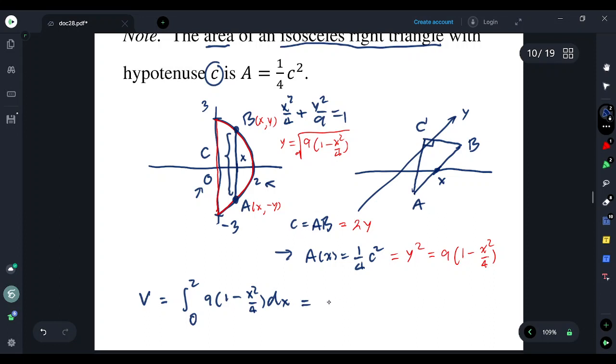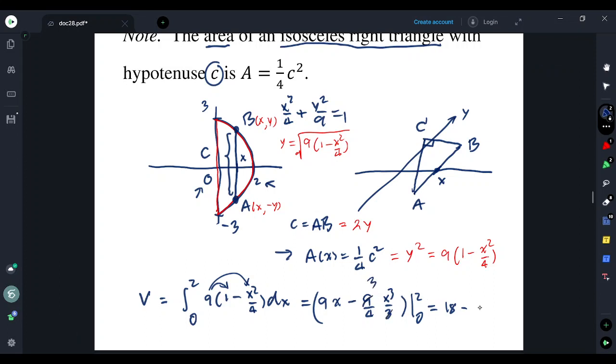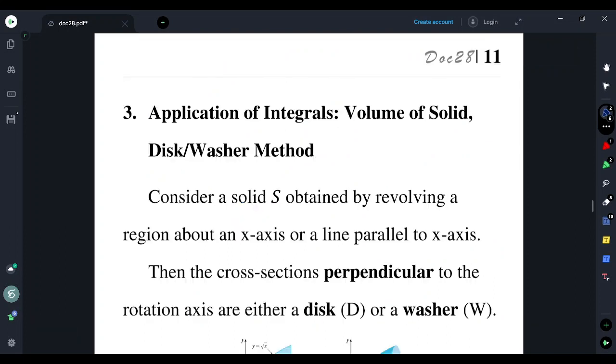So we're going to integrate by multiplying out. Integrating 9 gives 9 times x minus 9 over 4 times x to the power 3 divided by 3, and then substitute 2 and 0. So we're going to get 18 minus 3 over 4 times 8, minus 6, so that is 12.